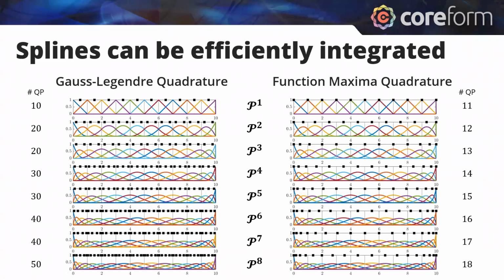analysis. Whereas if I was using traditional C0 elements, these are degree 8, so there's 9 basis functions per element. So 9 times 10 would be 90, and then subtract away the interfaces: 1, 2, 3, 4, 5, 6, 7, 8, 9. So I have 81 basis functions if I was using traditional C0 elements.